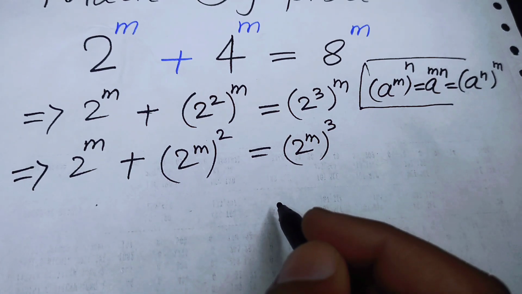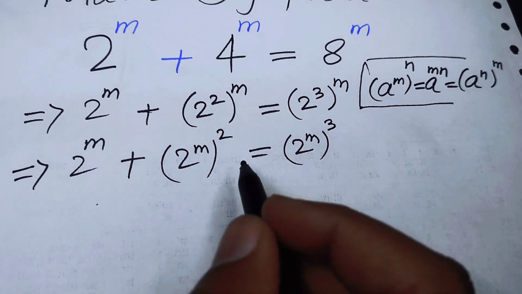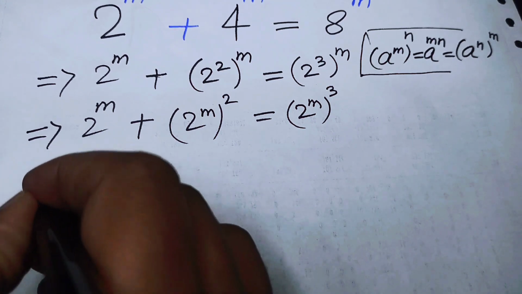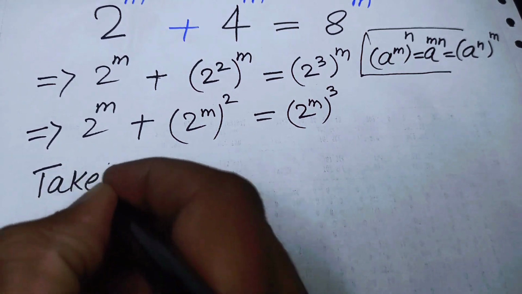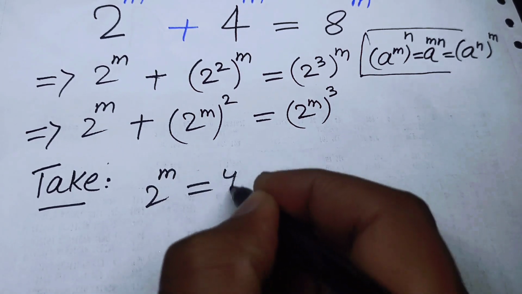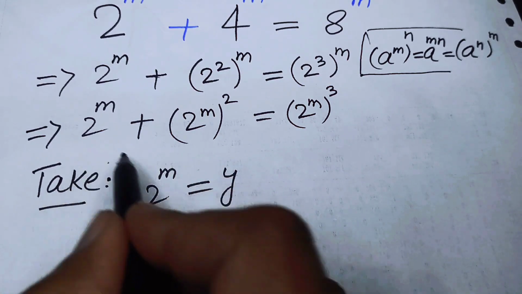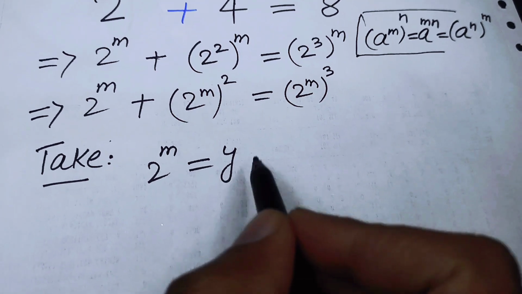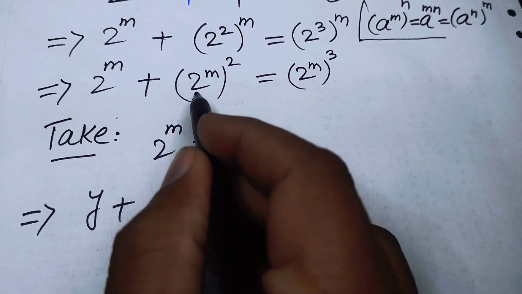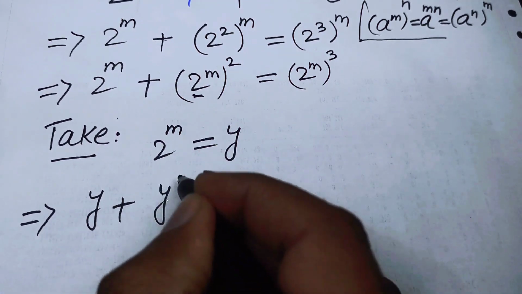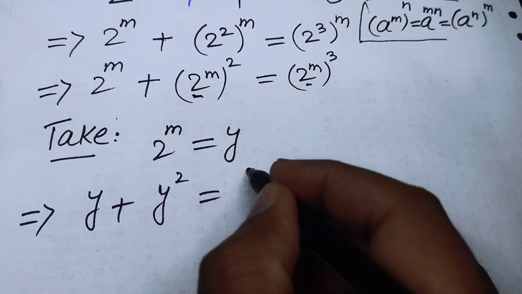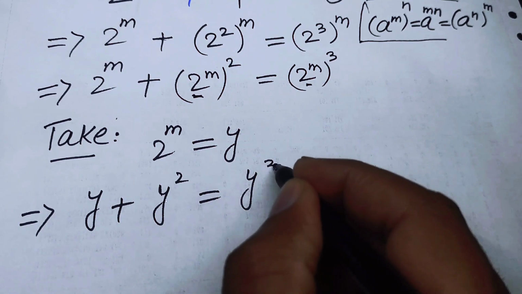After that I can change this expression into a simplified form by substituting 2 to the power of m equal to y. Then we will obtain y, plus y square, is equal to y cube.